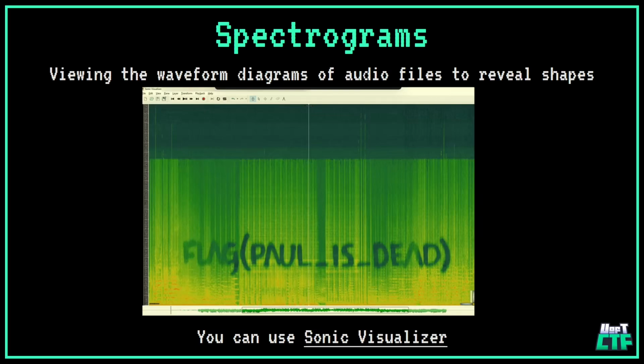For audio, you can hide data within spectrograms. So for a waveform diagram of audio files, you can change it so that it displays a shape. In this case, you can have text within the waveform data. Obviously, the audio data is going to sound horrible, but I guess this is the sort of thing that you would include just for the sake of having an image.